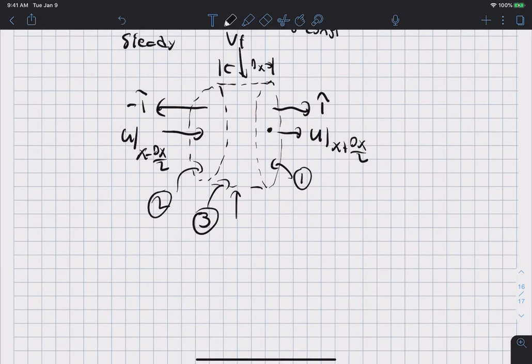And for area 1, we have the disk, i hat, and u at x plus delta x over 2.